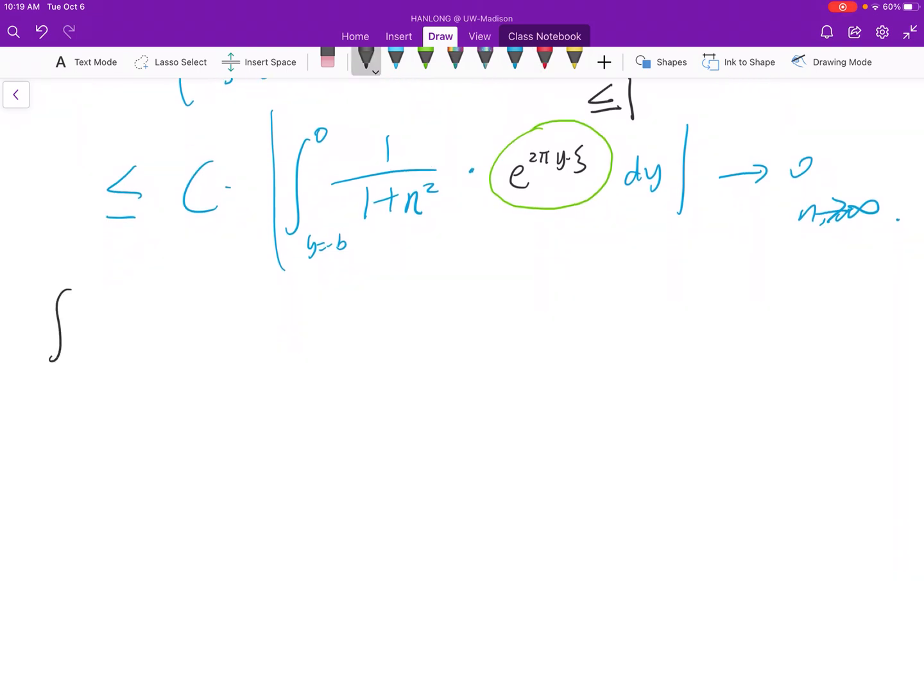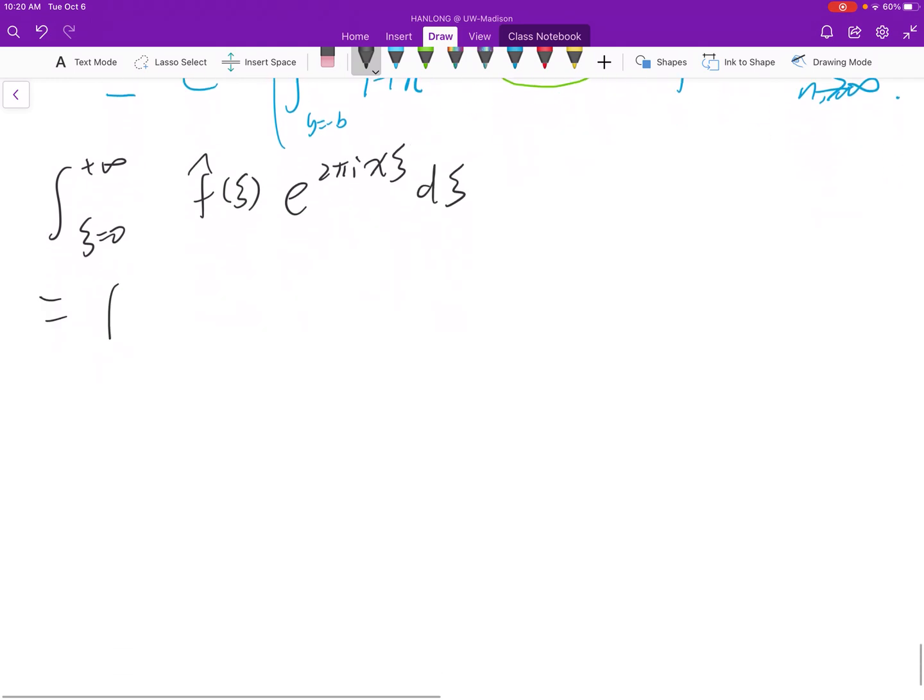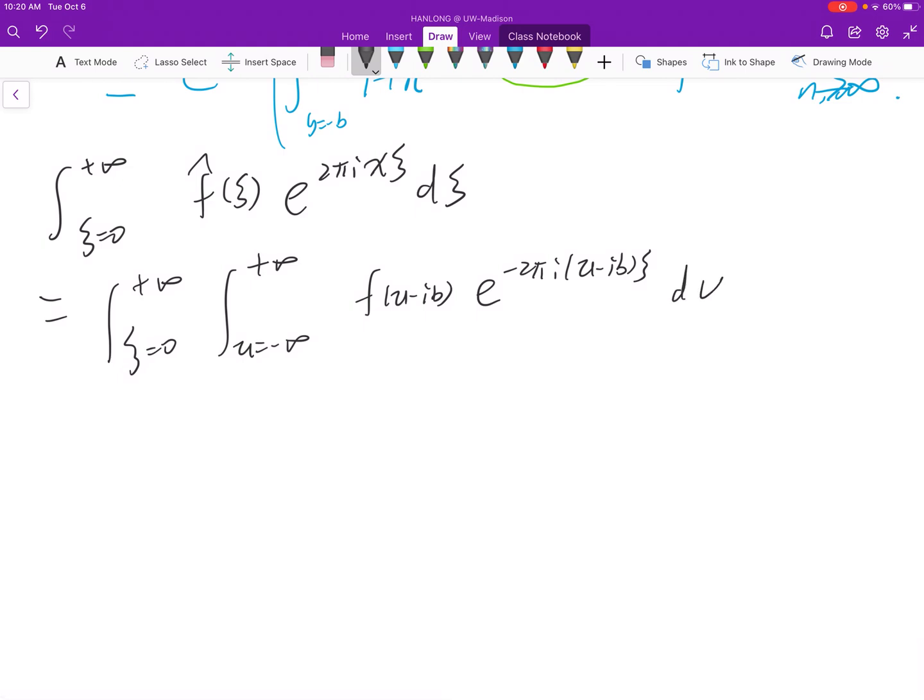Okay, then if we look at the integration from 0 to positive infinity of f hat c exponential 2 pi i x c dc, then we can carry out exactly the previous intuitive proof, formal proof. We plug in the formula, and because you have decay here, because here b is positive, and then you look at this one.